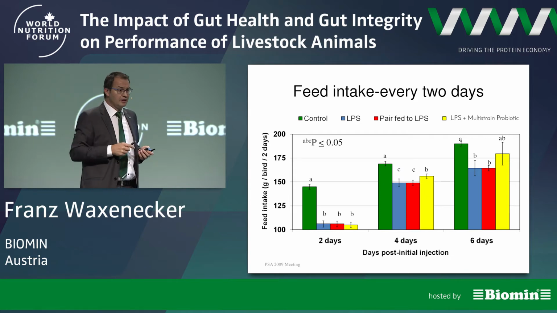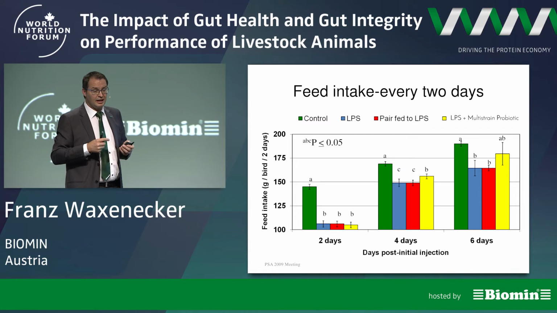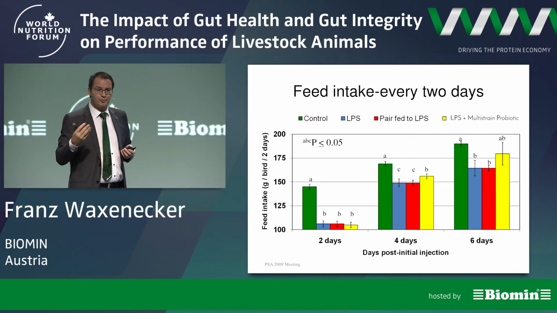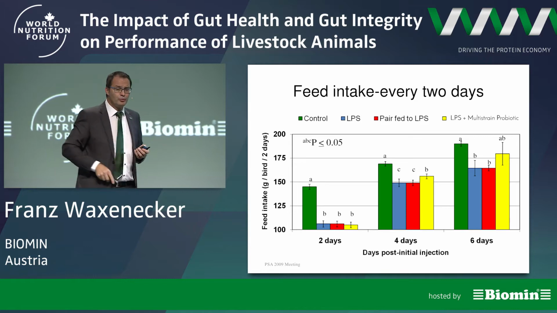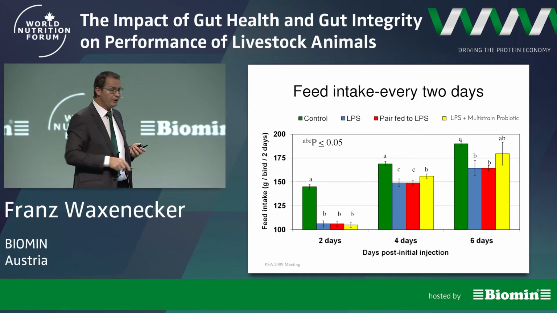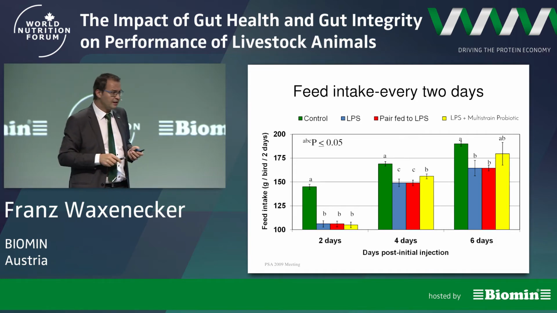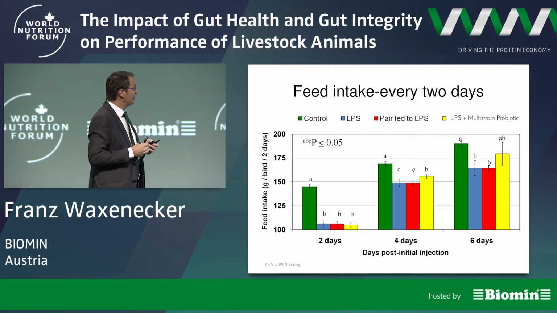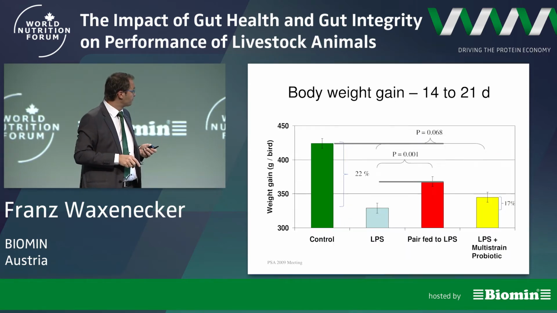And then Todd tried to find out what's the impact of this LPS challenge on the health and performance of the broilers. The yellow group was a group which was treated with LPS, so challenged, and a multi-strain probiotic was added to see the effect of this probiotic on performance as well.